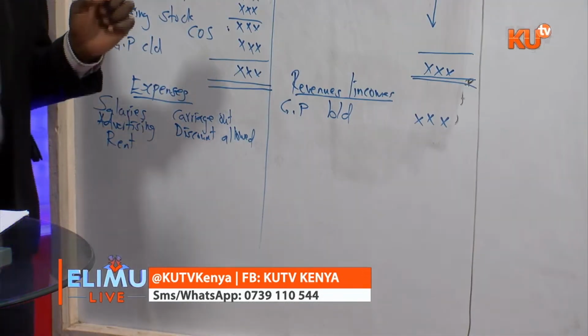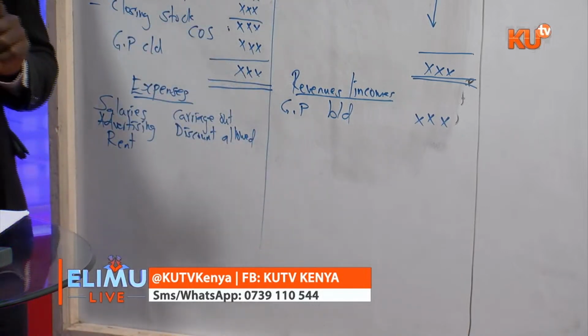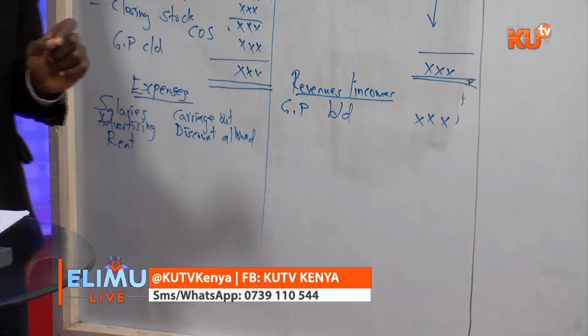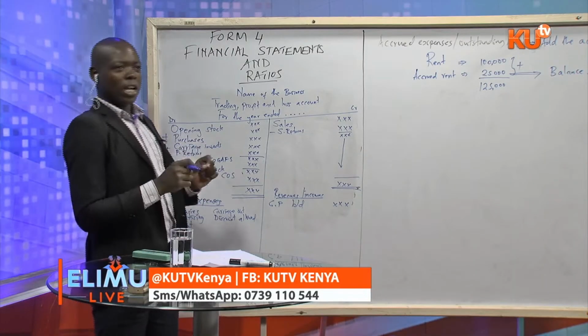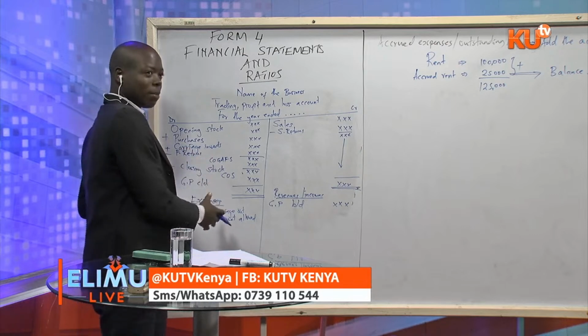What is important is, in most cases, before you analyze the trading and profit and loss account, you will be given a statement we call the trial balance. Get to know which side of the trial balance captures the expenses.